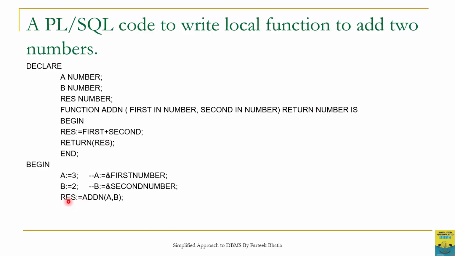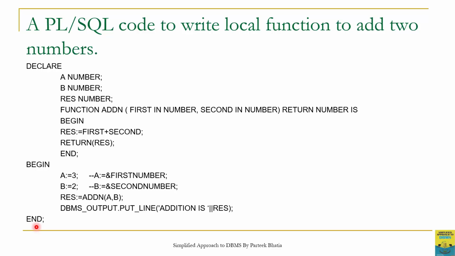And after returning, we are storing this value in the global variable res. Now we can display its value by using dbms_output.put_line. The string addition is concatenated with the value of this variable res. Then end will terminate this PLSQL block.